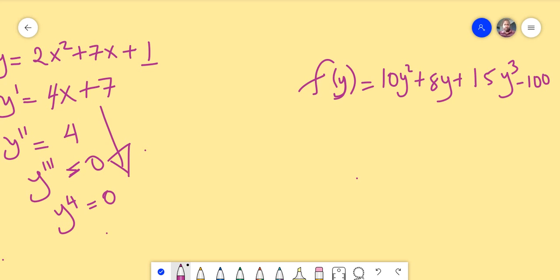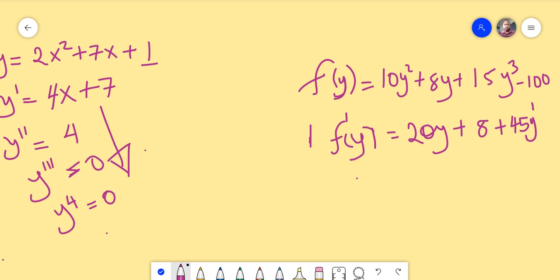The first derivative will be f prime of y. So this will be 20y plus 8 plus 45y squared. Then this minus 100 will just be 0.